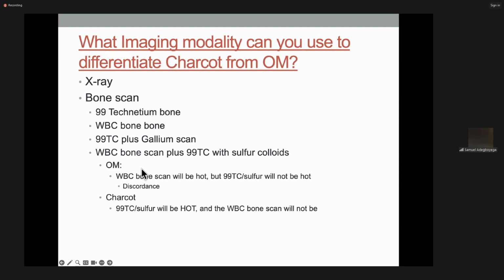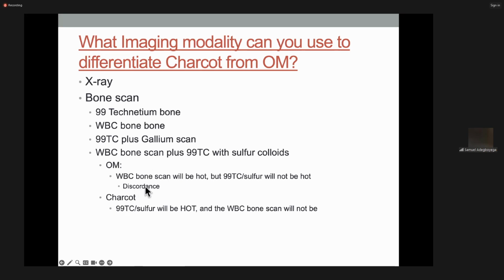Again, this is more advanced. There's a recent article about this where you could use WBC bone scan and technetium with sulfur colloid to diagnose osteomyelitis and Charcot.